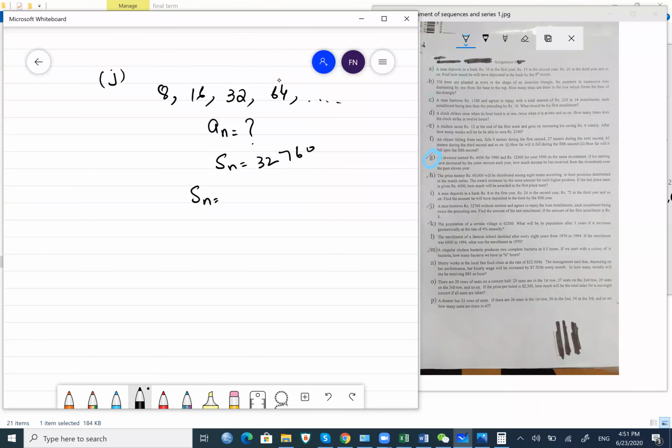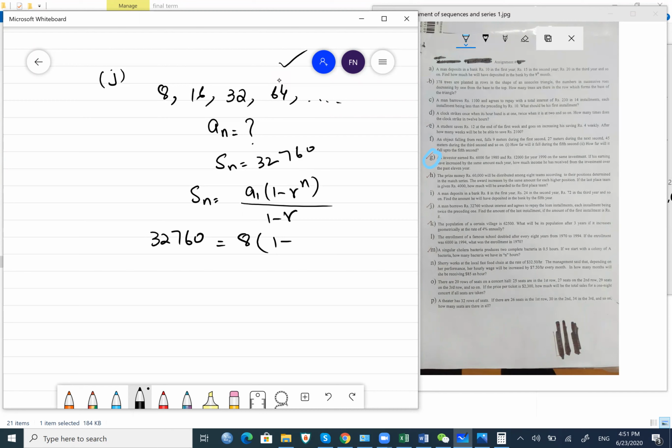This is a geometric series, so we use the sum formula of geometric series, which is a1 times (1 minus r raised to power n) divided by 1 minus r. Understand? So 32,760, a1 is 8. What is r?